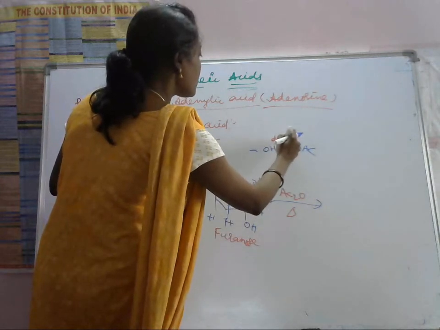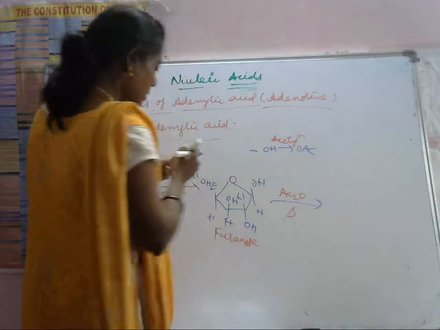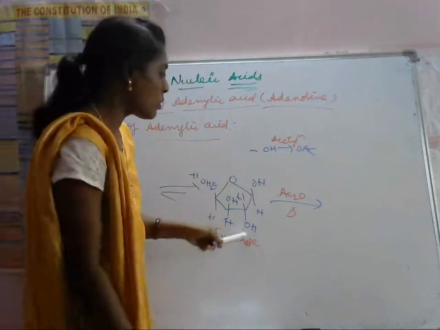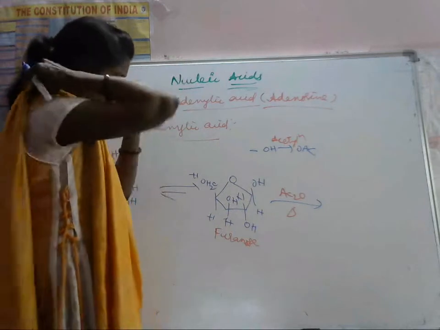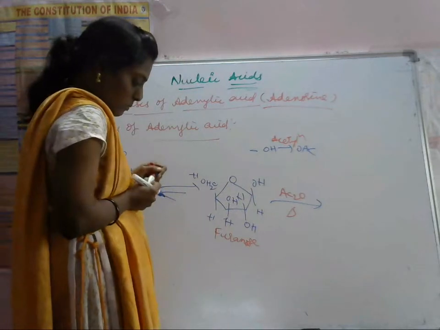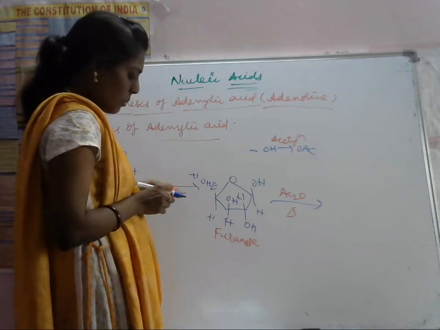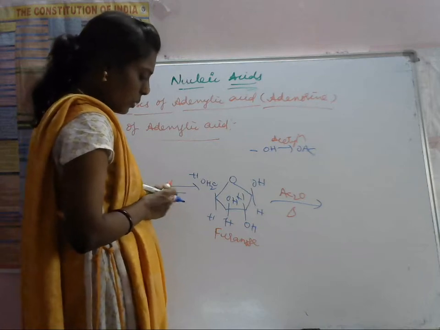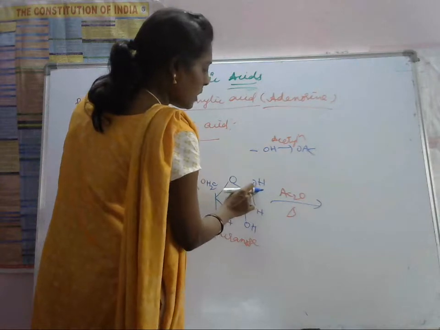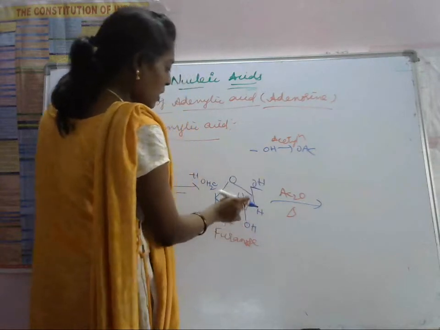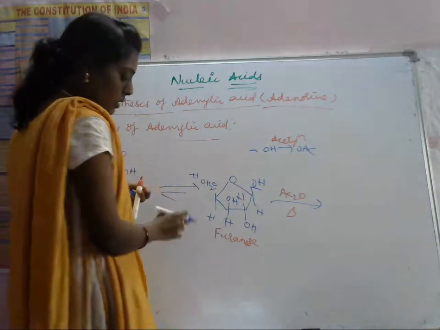How will it form this one? It forms at the second, third and fourth positions. Only these groups are converted into acetyl groups.